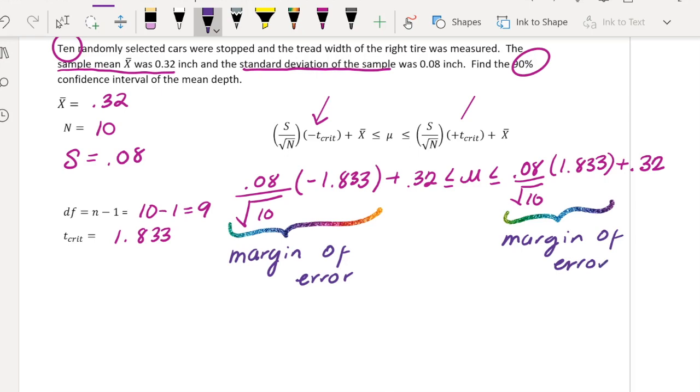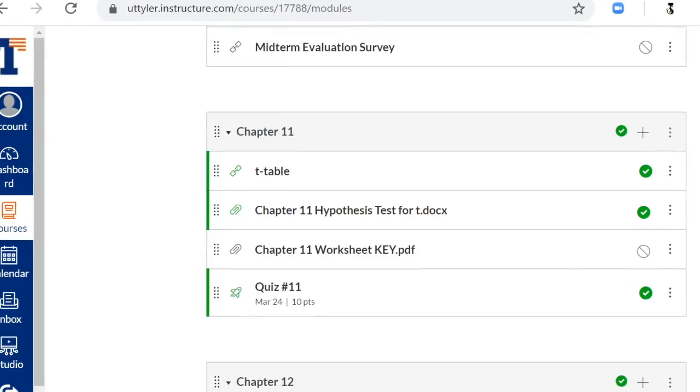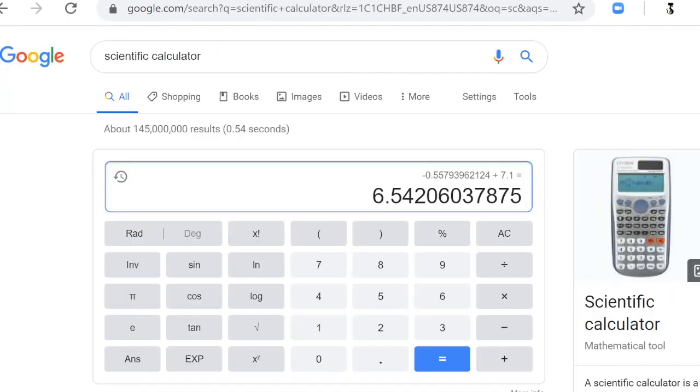So that's what we're going to calculate first. And I recommend you do this because if you have trouble with the order of operations, I recommend you do the margin of error first, and then you do the rest of the confidence interval. If you're feeling pretty confident about it, then you can just go ahead and do the whole thing.